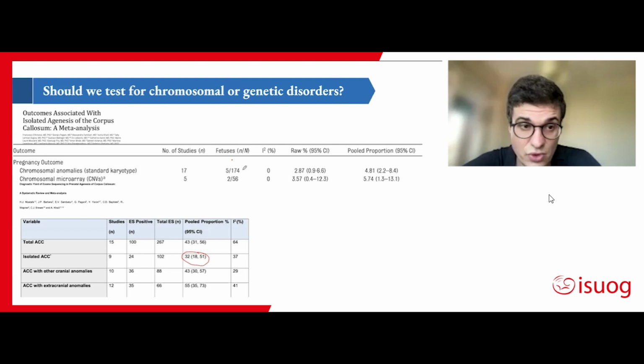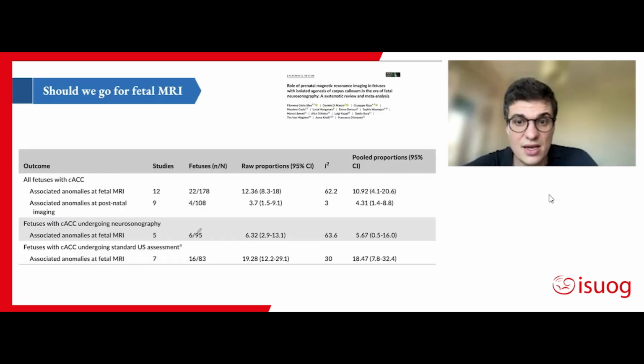So when we ask for genetic assessment, we should not go just for karyotype and array, but also ask for single gene disorders. Should we look for MRI? I don't want to jump into the diatribe between MRI and ultrasound, because these two techniques should be complementary rather than opposite.